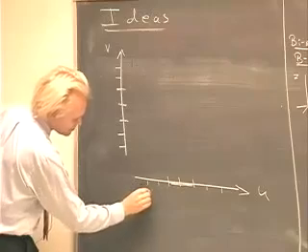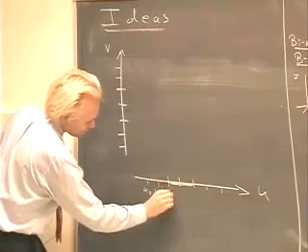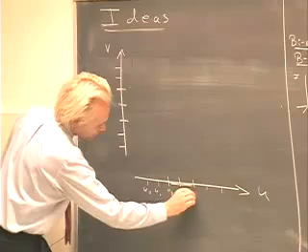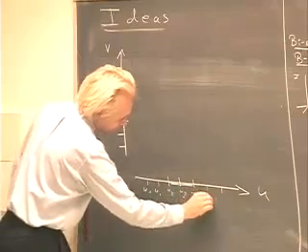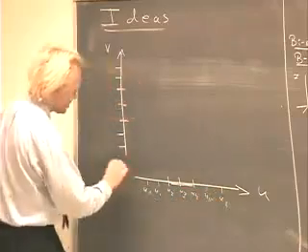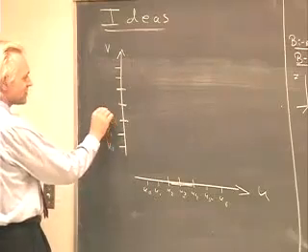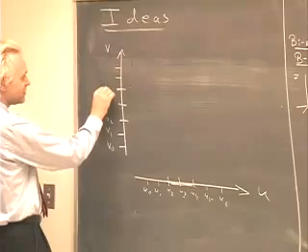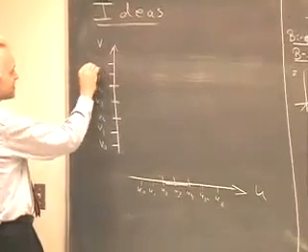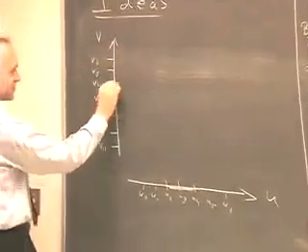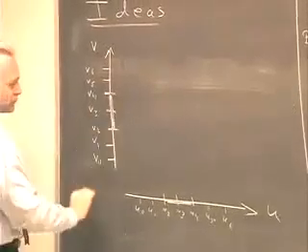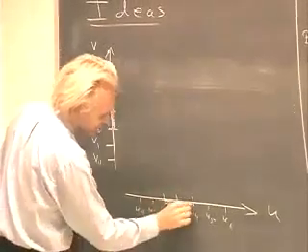The numbering is U0, U1, U2, U3, U4, U5, U6, and the V knots are called V0, V1, V2, V3, V4, V5, and V6. And here's the domain portion in V. Here's the domain portion in U.